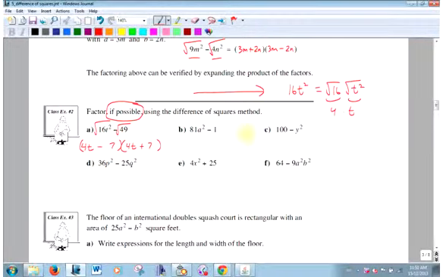Okay? I'm not going to do all these. How about that one? Is 4x squared a perfect square? Yes. Is 25 a perfect square? Yes. So, what's the answer? Who was paying attention?